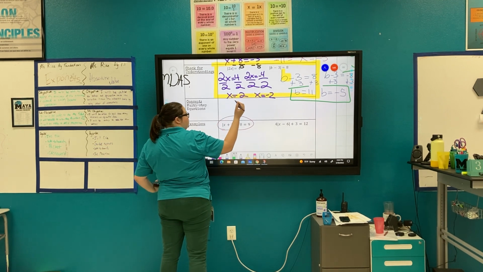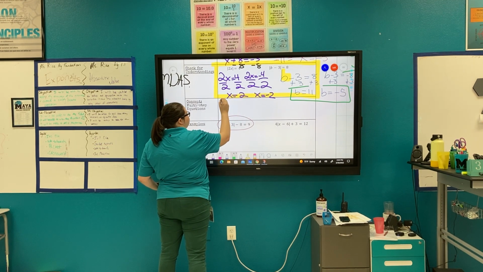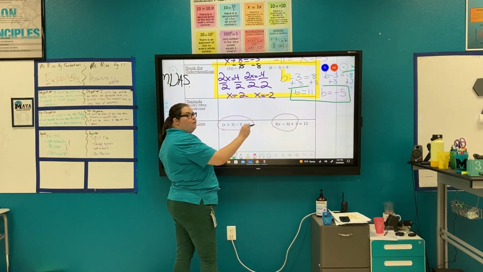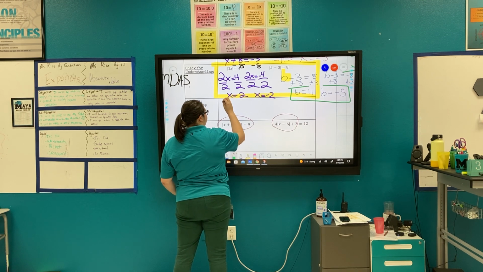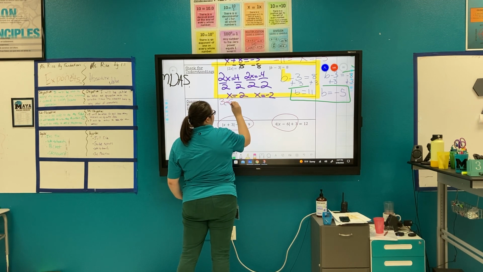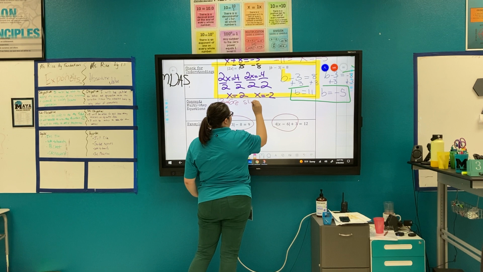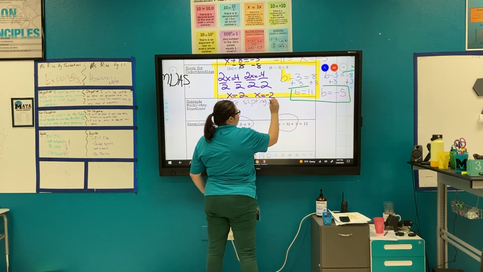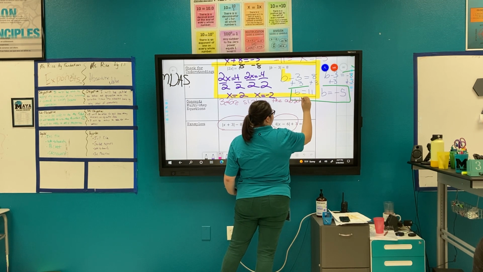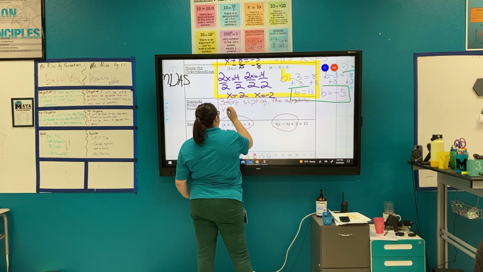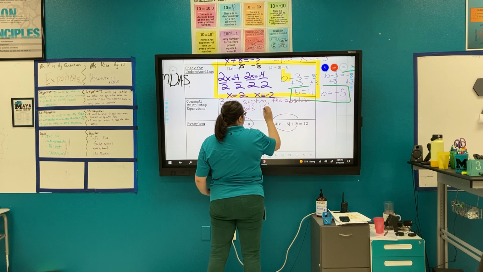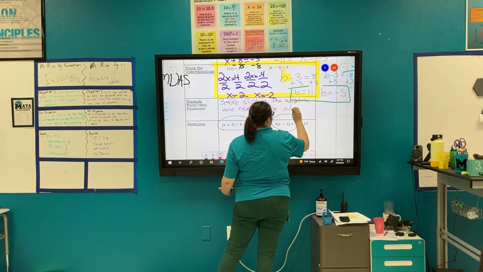So what I want you guys doing, in this situation, you need to solve for the absolute value before splitting it, so the absolute value by itself.